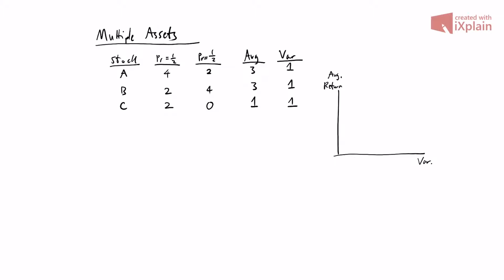Then this is 1, 2, 3. Stocks A and B are here, and C is here.